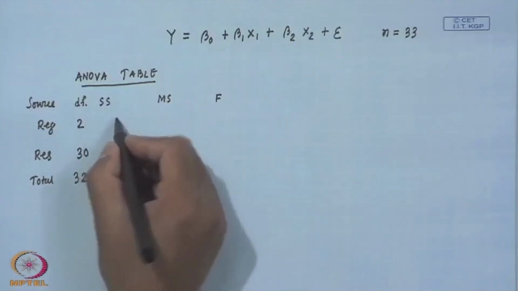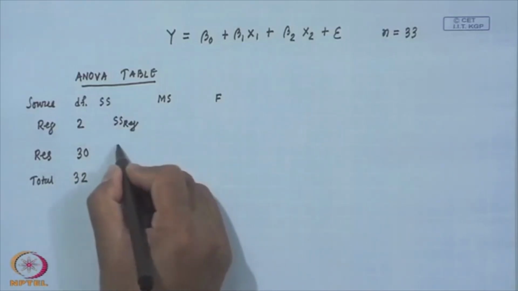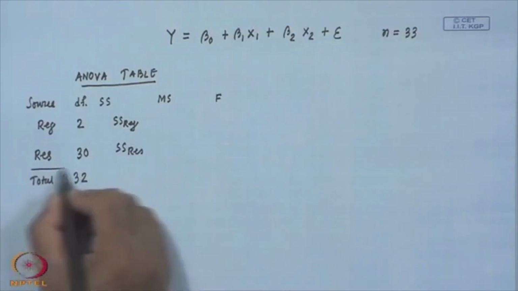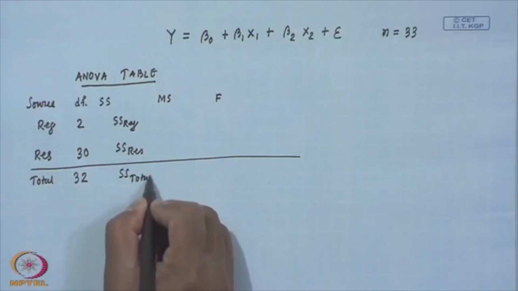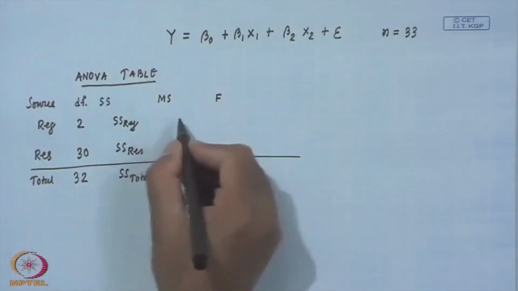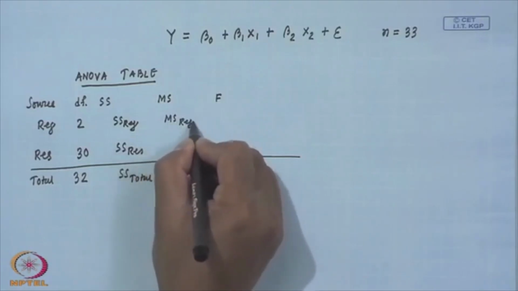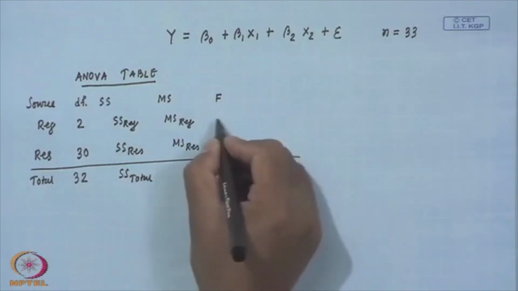And of course, your friend has SS regression, SS residual, and SS total, and hence the MS regression, MS residual, and F value.